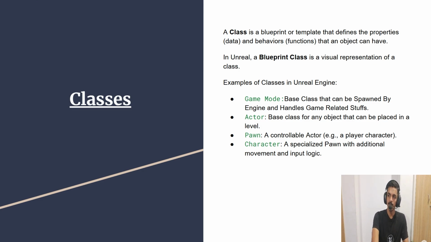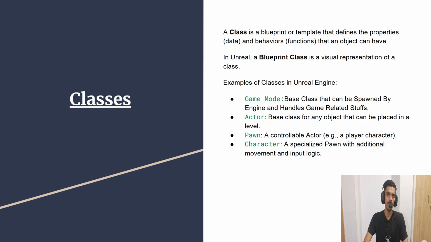In Unreal we commonly have some examples of classes, like the game mode, which can be spawned by the engine itself and handles the game-related logic, the rules of the game. An actor, which we have talked about, is everything we physically see in the game level.